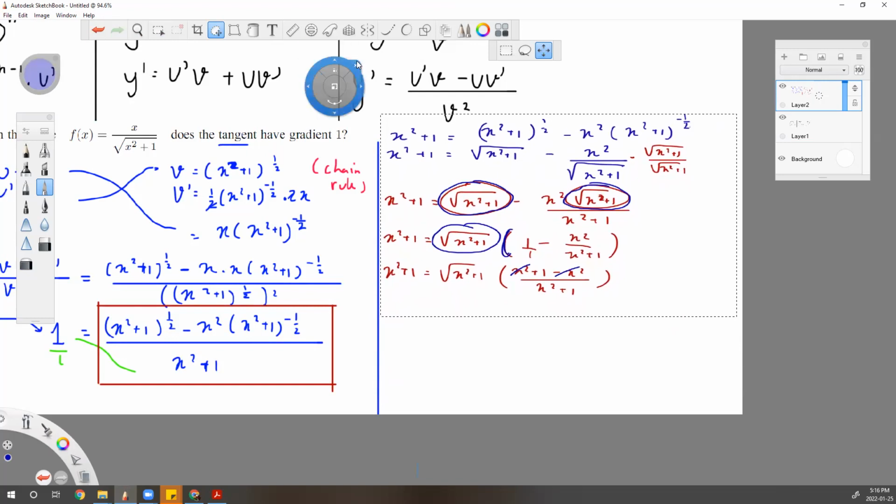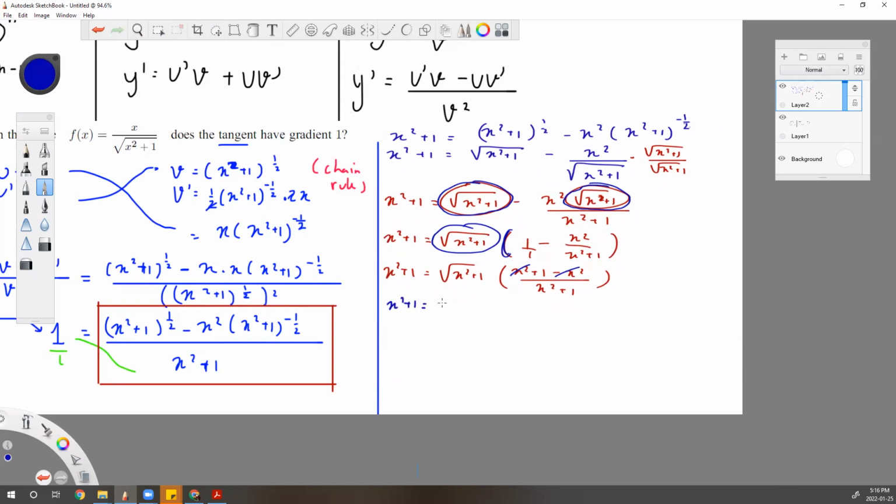We need to do the rest. Okay, so x squared plus 1 equals square root of x squared plus 1 over x squared plus 1, right? Because 1 over something, you multiply. Do the cross multiplication. Power 2, right? Equals to square root. Get the idea?